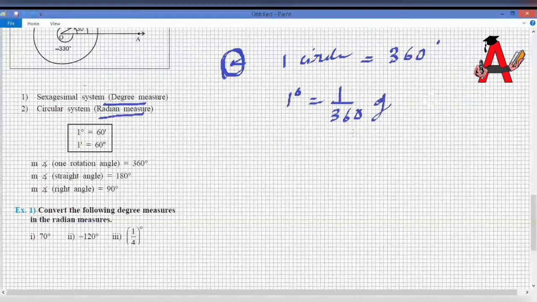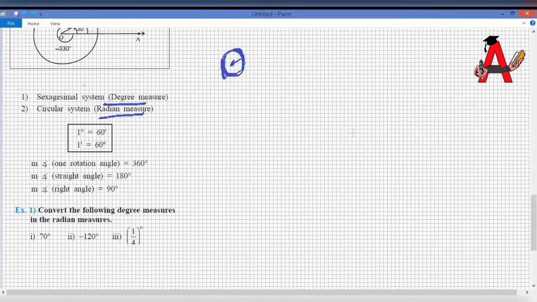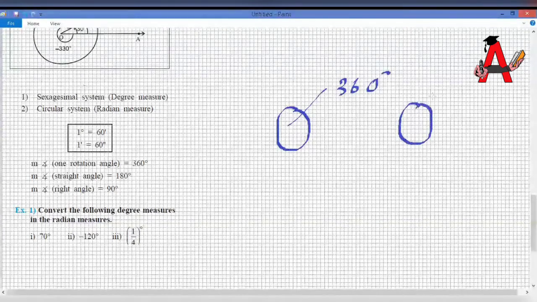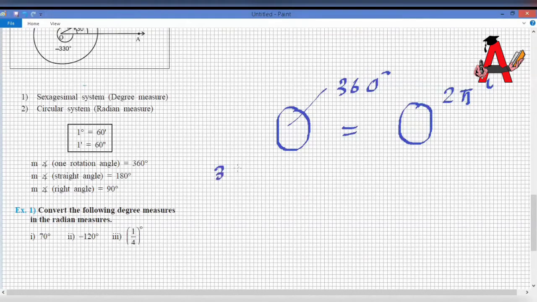But for us, the most important part is you should remember the conversion between degrees and radians. The entire circle is said to be 360 degrees in degree terms. This entire circle is said to be 2 pi in terms of radians. So you have to remember both are equal, which means 360 degrees is equal to 2 pi.